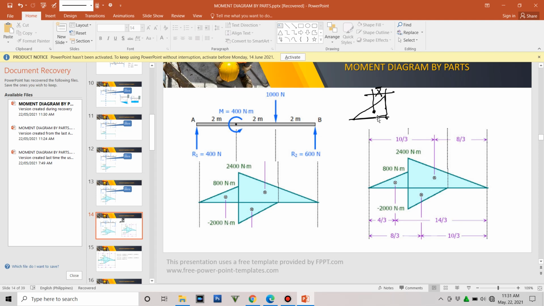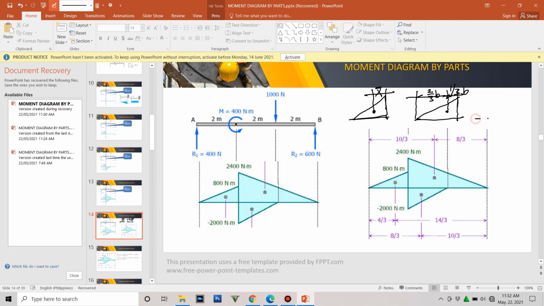Whatever the spandrel is, it is measured up to the head. So this is the head and the tail. We have a distance from the centroid to the head. For example, if we have a triangular one, this is just equal to 1/3 of the base, and the measurement from the tail is 2/3 of the base.